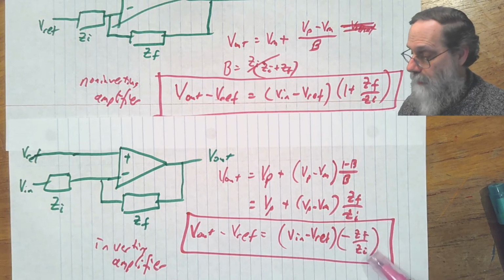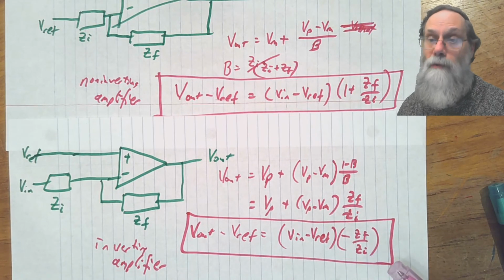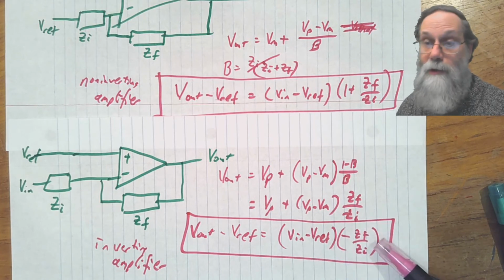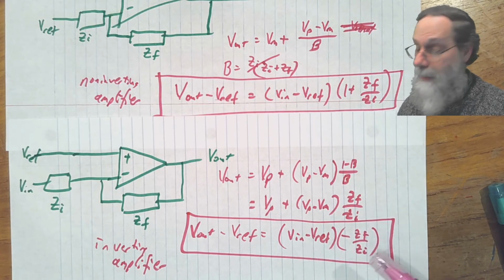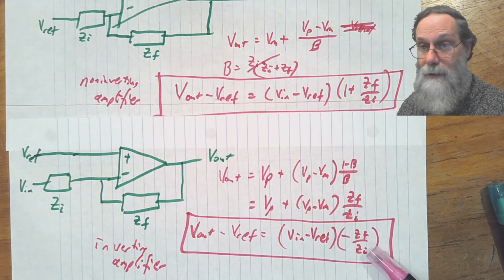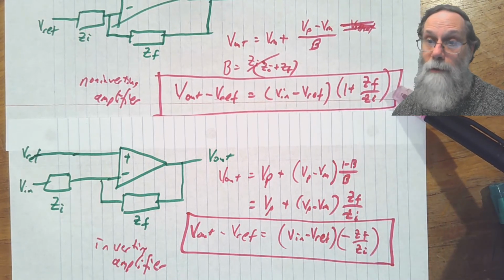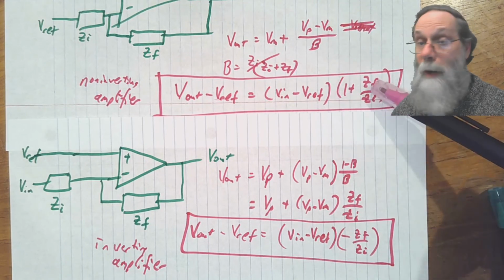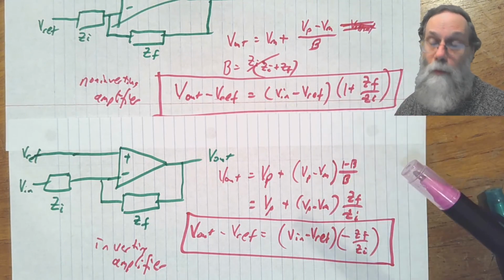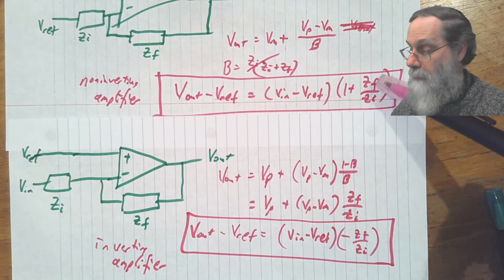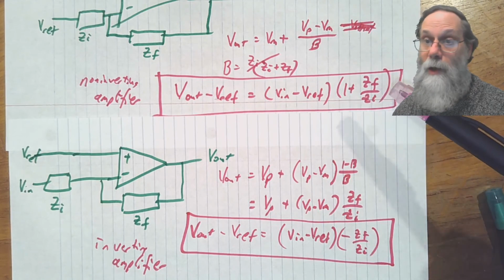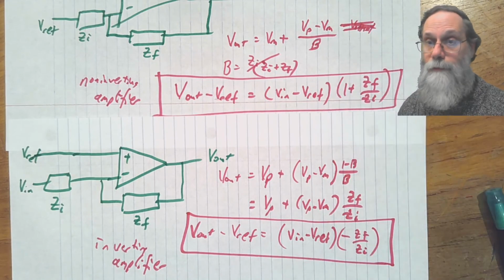Notice that this ratio here, if you're looking at just resistors, is always going to be negative. It can be from 0 to minus infinity depending on these things. If they're just resistors, real values here, this is always going to be positive. And it's always going to be 1 or more, because the smallest you can make this thing on the right here would be 1 plus 0.